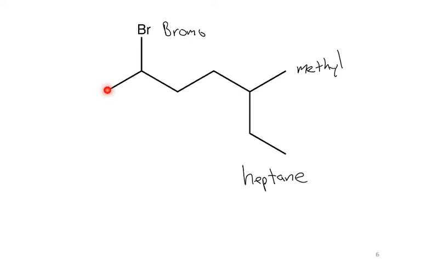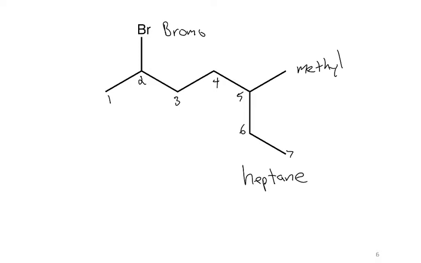If I start on this end, it's going to be 1, 2, and so my first substituent is at 2. If I start on this end, it's going to be 1, 2, 3, and my first substituent would be at 3. To decide which end I want to number from, I want the first substituent to be as low as possible. So I want to start with this one, right? In my numbering, I'm going to have 1, 2, 3, 4, 5, 6, 7.